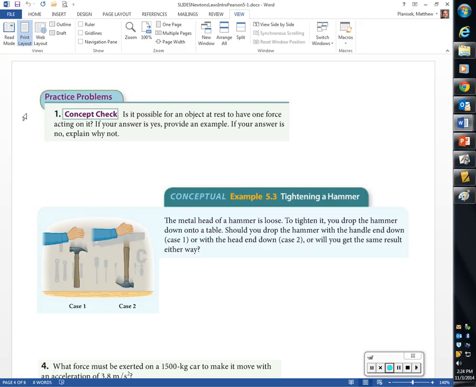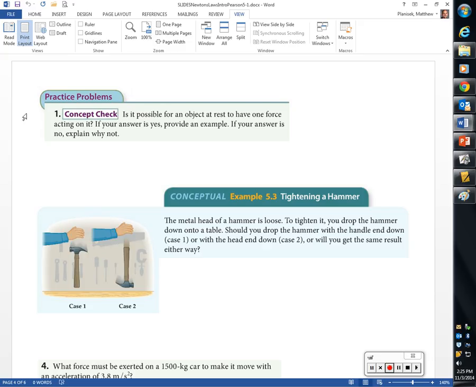Net force is a vector sum, meaning that in order for us to have no net force, the vector sum has to be what? 0. In order for us to have a sum equal to 0, we have to have at least how many forces? 2. One positive, one negative. That would be the easiest way to do it. But if an object only has one force acting on it, could its vector sum be 0? Can't be. So there would be some net force on it, and therefore it wouldn't remain at rest.